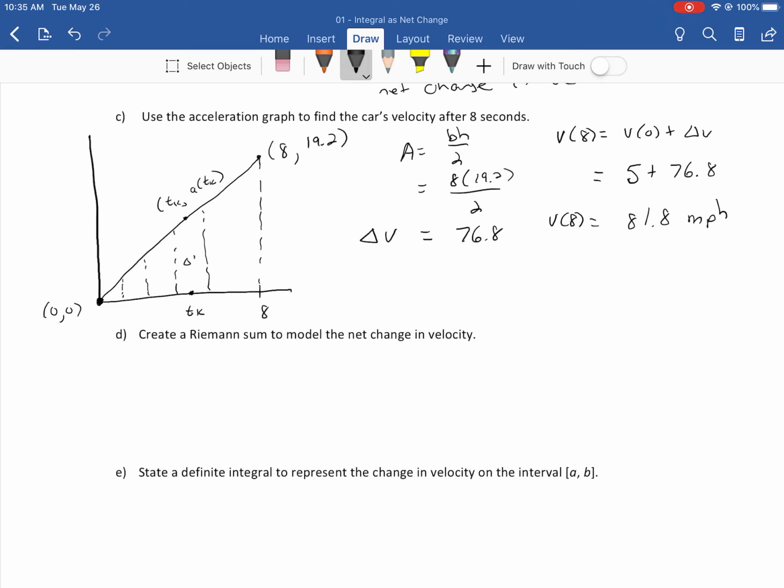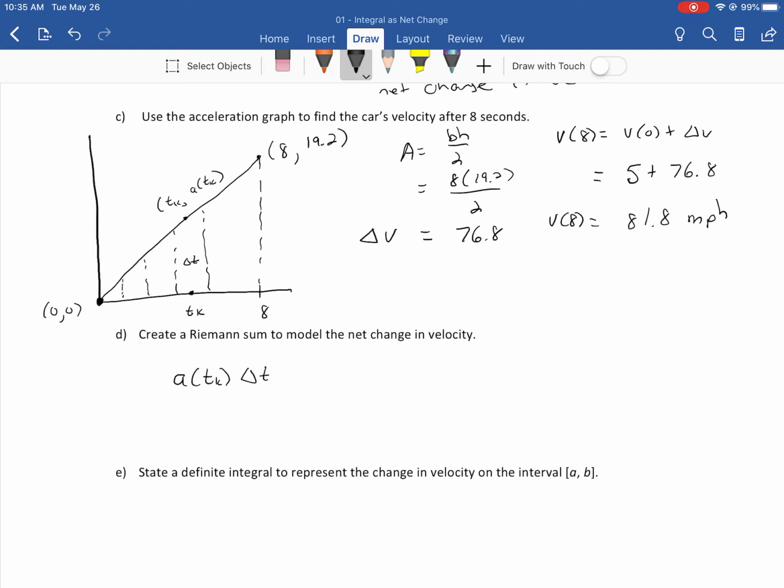And each one of these will be delta t wide. So each of these little rectangles, if we use rectangles, will be a at tk high, and we'll have a width of delta t.